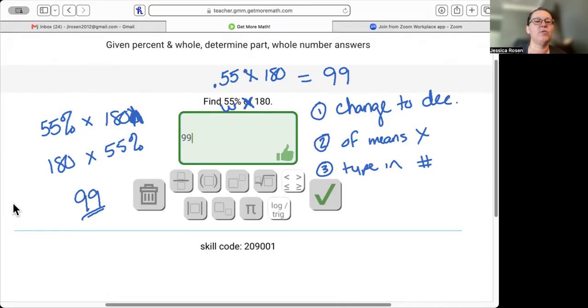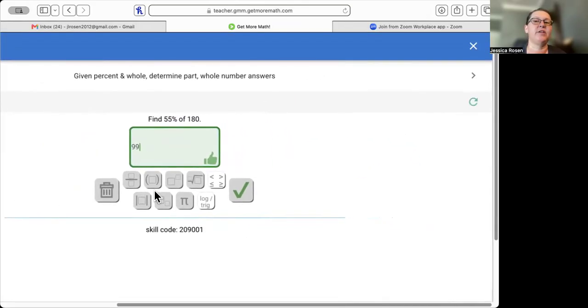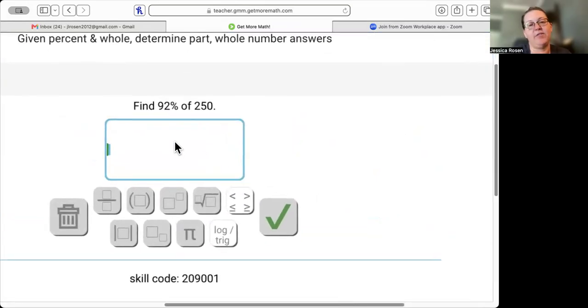For the rest of this video, we should probably use the percent because you're going to have a calculator that can do that. So we're just going to do 92% in your calculator. Depending on what calculator you're using, there are all different ways to put them in. If you need help figuring out how to put it into your calculator, you can get on a one-on-one with me and we will figure that out.